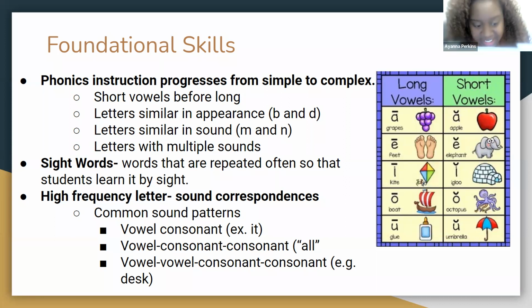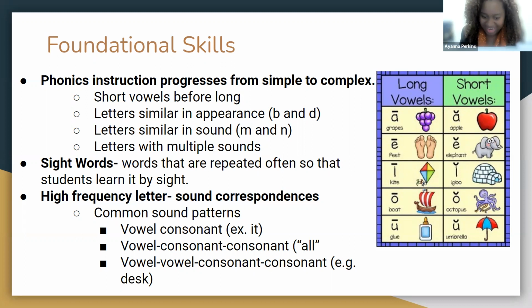Can anyone give me another example of a vowel consonant example? I gave one, it. What's another one that's common? On. Perfect. Yes.